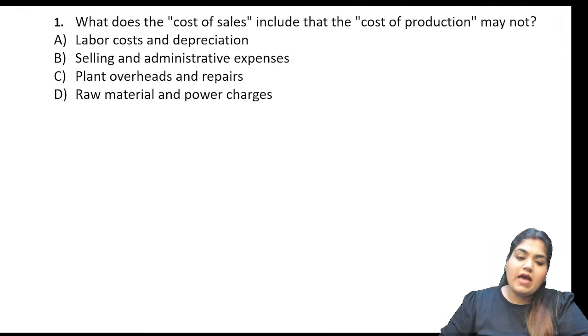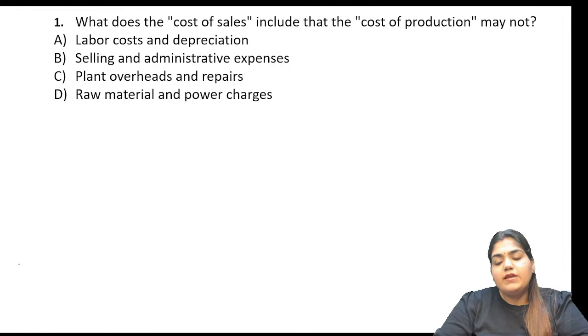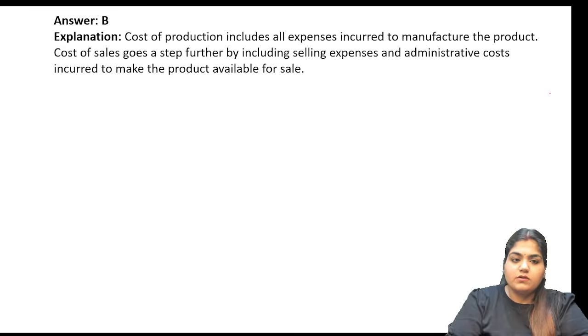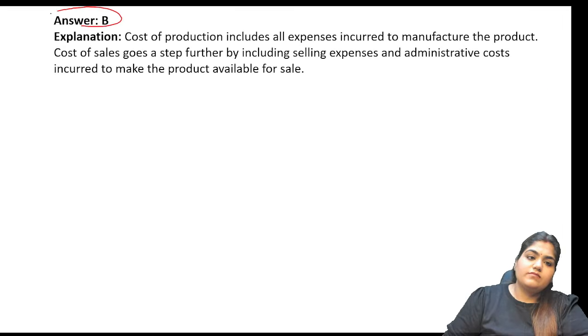See, I have made a product for 10 rupees. I'm getting the advertisements done, I'm getting the labeling done, I'm sending them to the wholesalers and the retailers. This is the cost of sale. Selling and administrative expense is cost of sale. Yes, B is the correct answer.